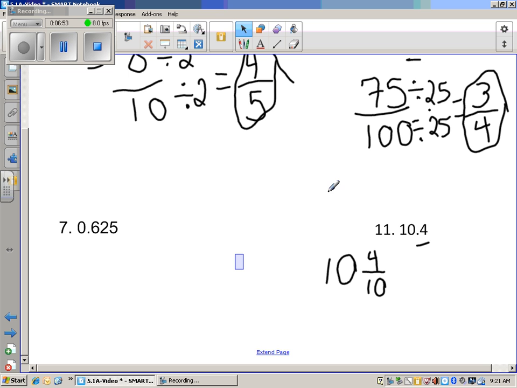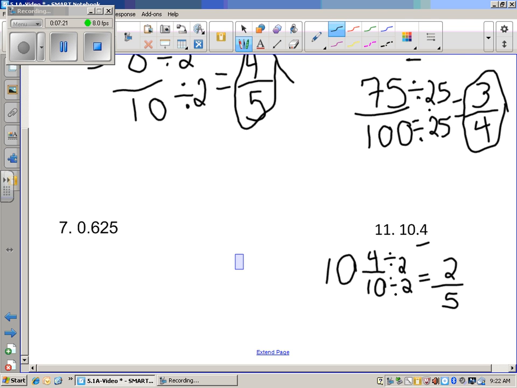So I'm going to divide 4/10 by the greatest common factor, which is 2. So I'm going to divide top and bottom by 2. And it's going to leave me with a fraction of 2/5.